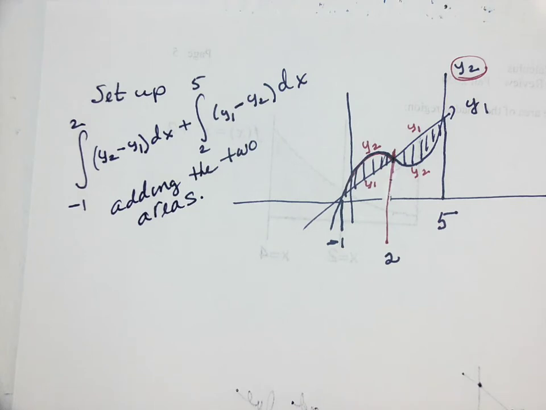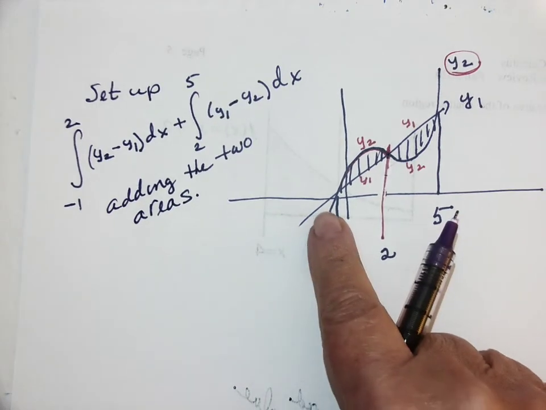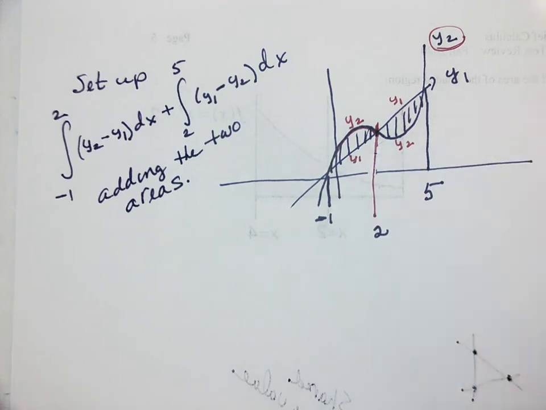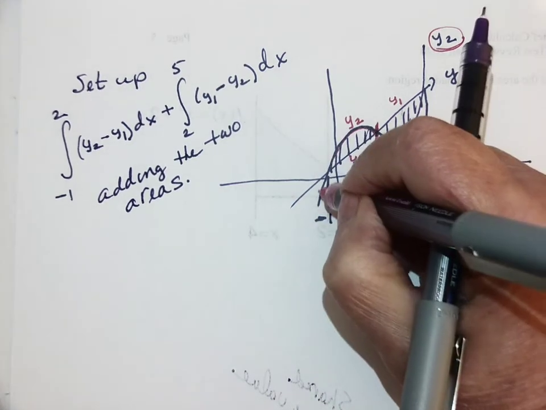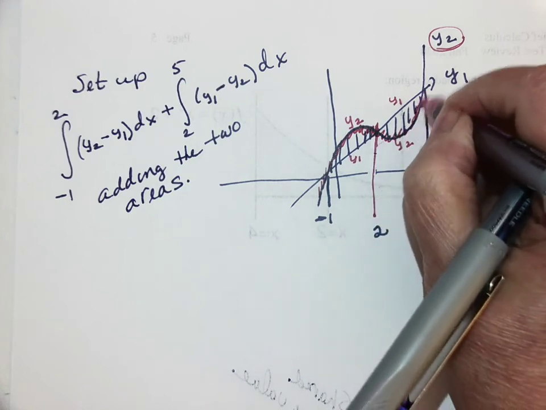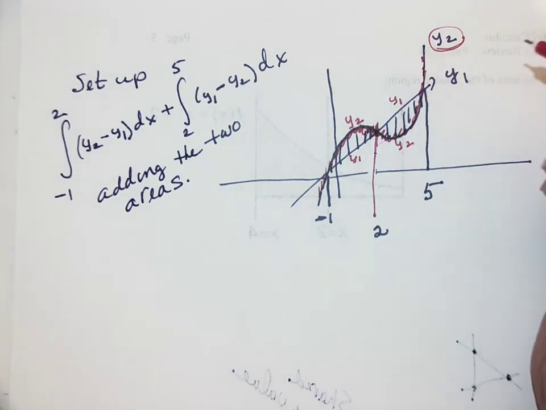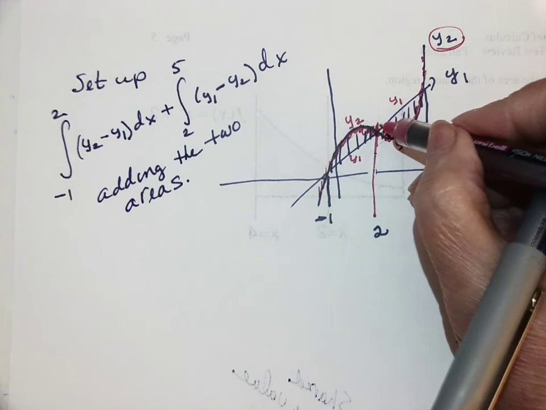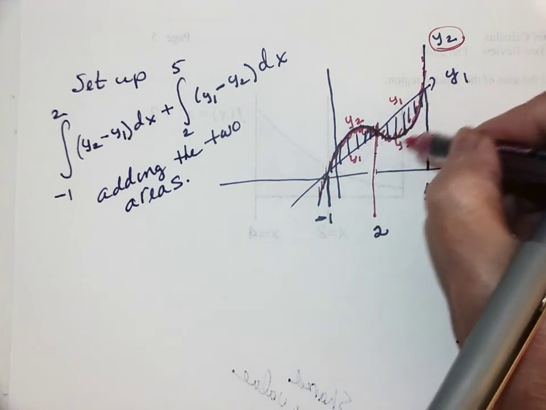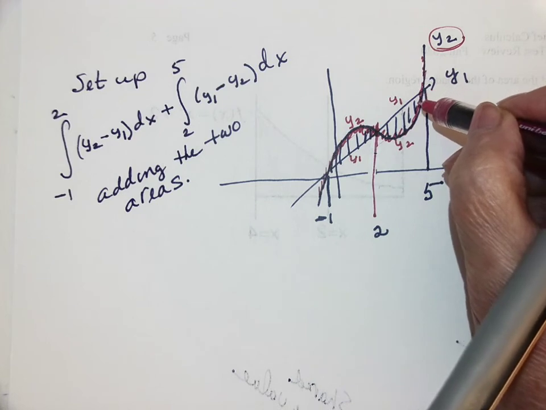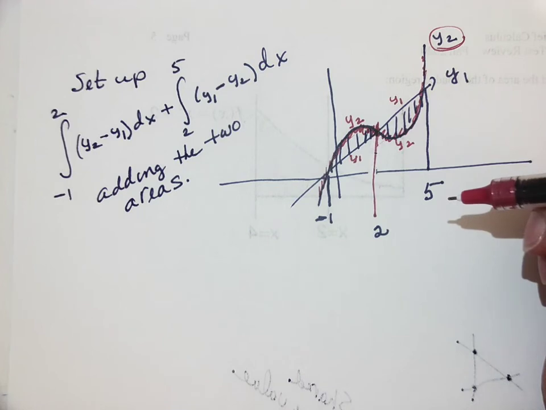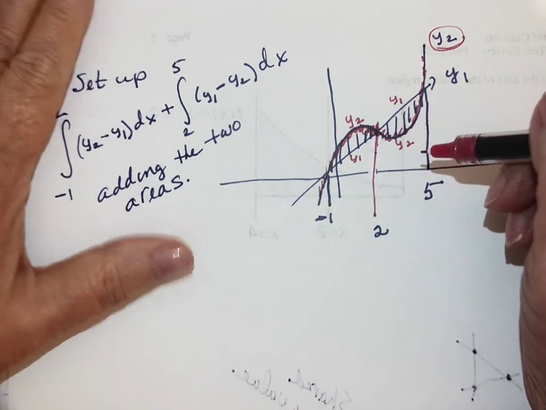When you have functions that change positions, you have to take a look, and that's why lots of times you see me go over a function and change its color. And say, oh, wait a minute, here the red one's above and the blue one's below. Here the blue one's above, but the red one's below. Because they actually changed positions. That's how you would set this thing up.